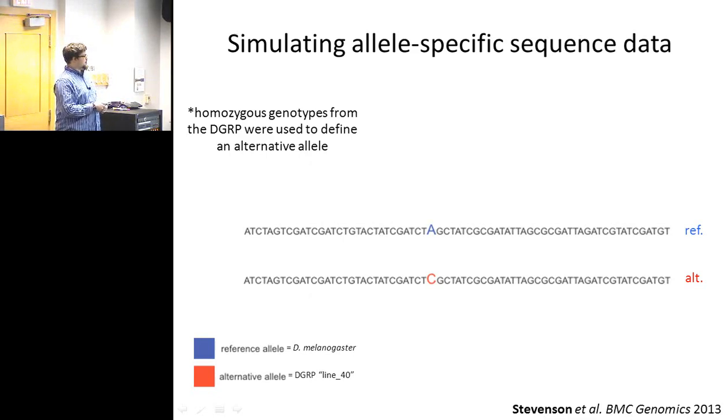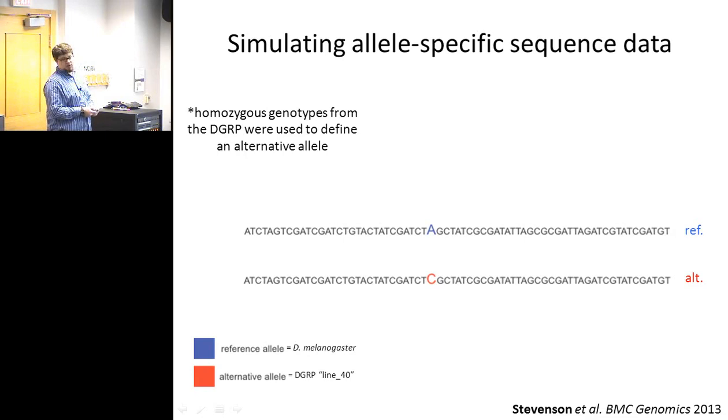And the way in which I did this was I used the Drosophila melanogaster reference genome, and using homozygous genotypes from a different line of Drosophila melanogaster, from what's known as the Drosophila genetic reference panel, I used differences to this reference genome to define some alternative allele.